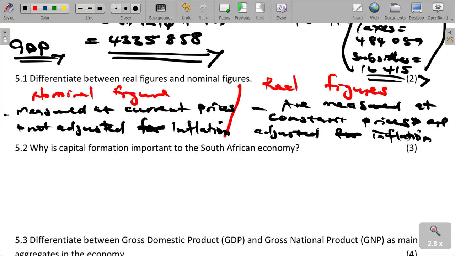They are adjusted for inflation so that they show the true purchasing power of the currency.